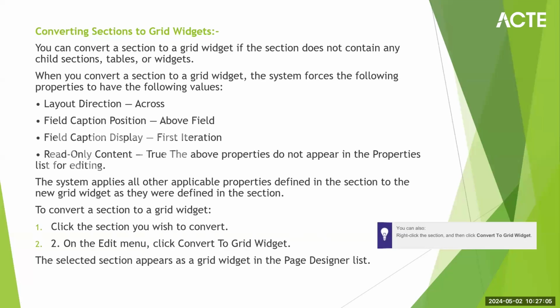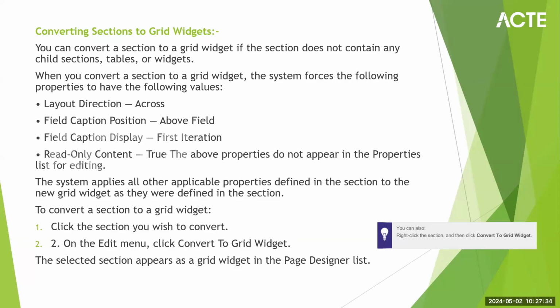Converting sections to grid wizard. You can convert a section to grid wizard if the section does not contain any child sections, tables, or widgets. You understood, right? If it is only a single section, then you can convert it to a grid wizard.